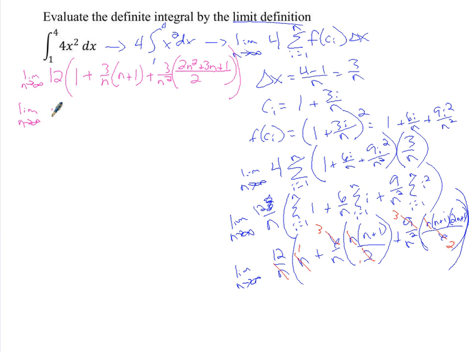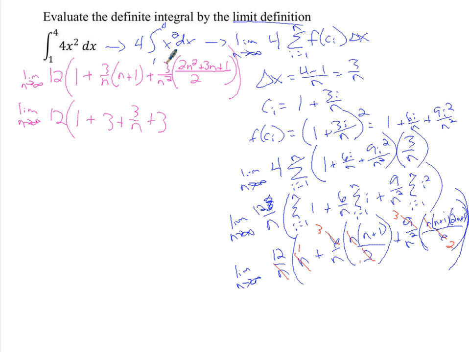The 12 times the 1 plus, so 3n over n, which is just 3, then plus 3 over n, six n squared over 2n squared. The n squareds are gone. 6 over 2 is 3, so plus 3.